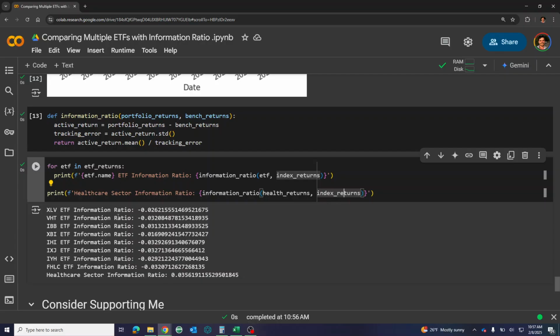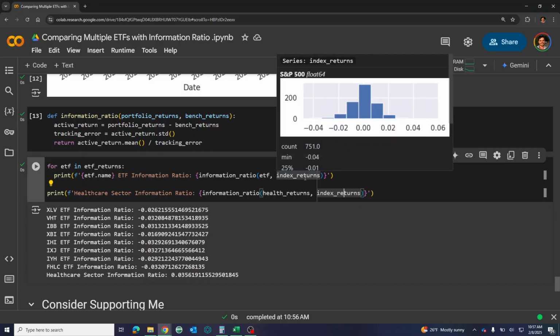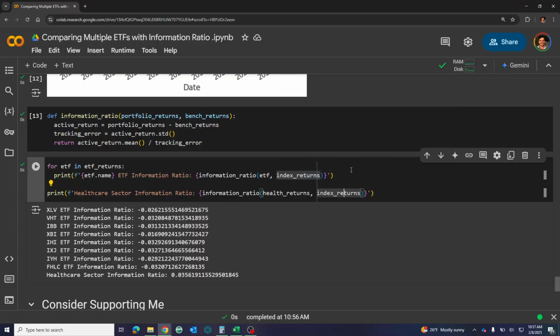You can see that these ETFs all give consistently negative returns when we compare them to the index return, which is the S&P 500. So the S&P 500 is just outperforming all of these, which makes sense because we're only comparing one sector versus a healthcare returns portfolio.